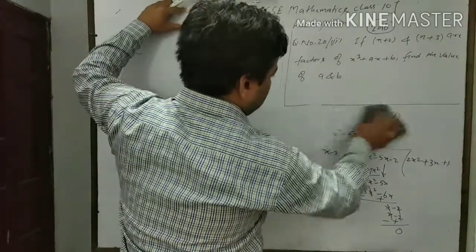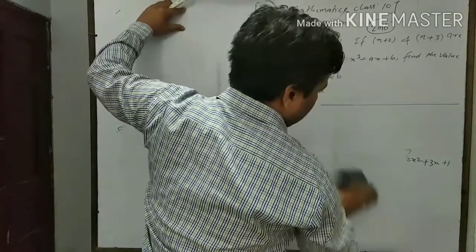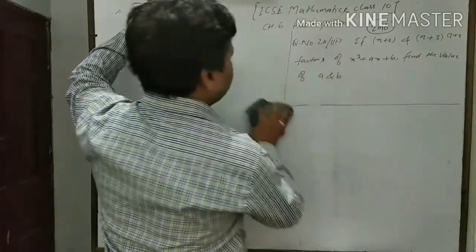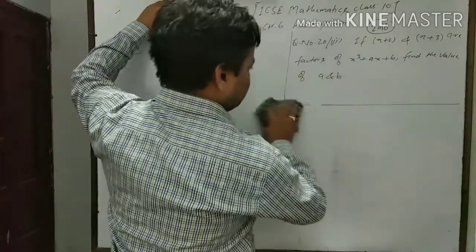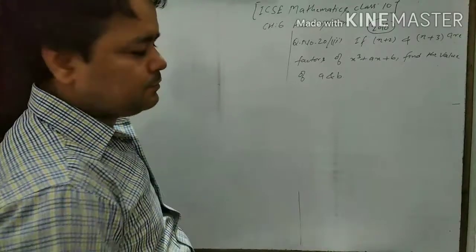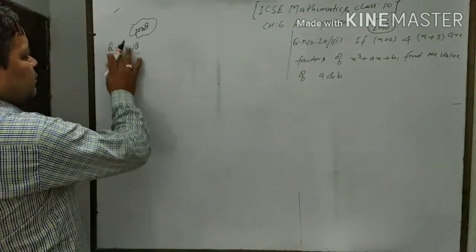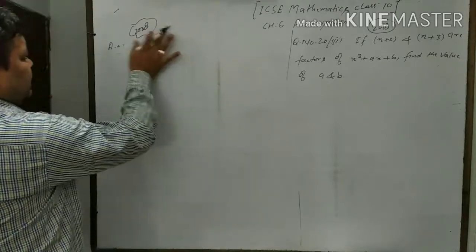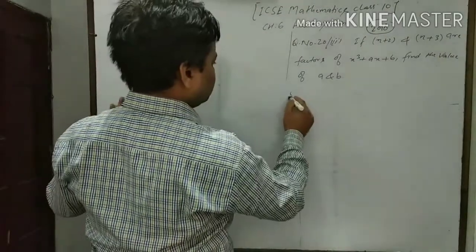After that, the left-over questions of exercise 6 or chapter 6, and the chapter test you will do by yourself. Here let us see the solution of question number 20.